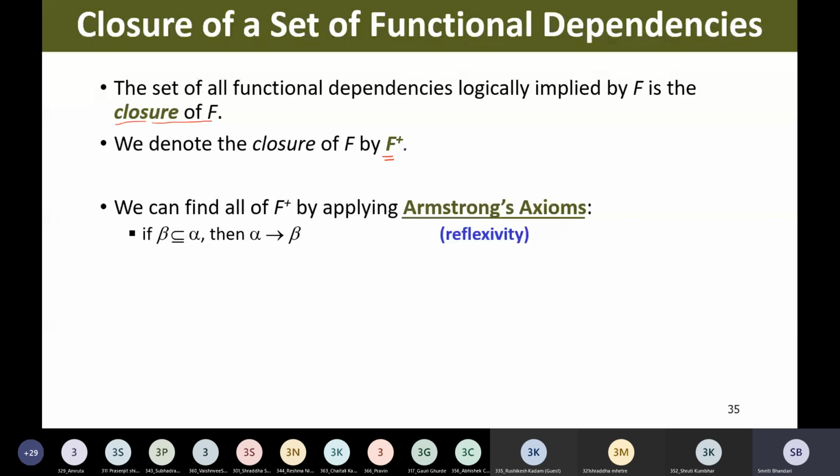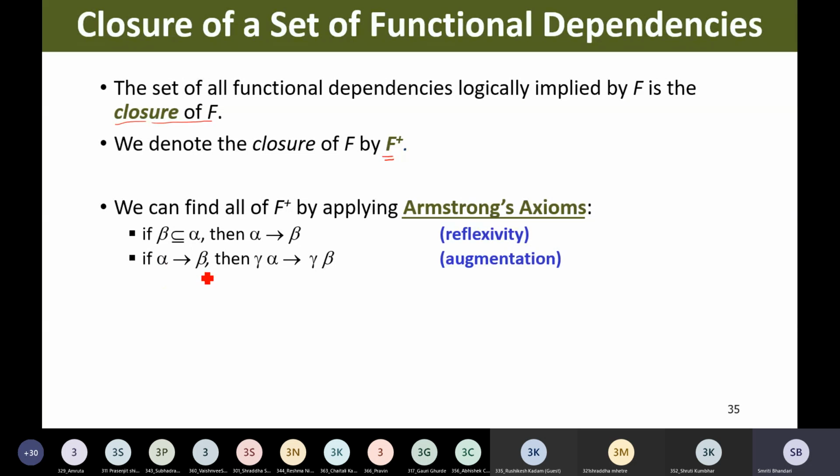The first rule is reflexivity. So if beta is a subset of alpha, then alpha determining beta is a valid dependency, and this rule is known as reflexivity. Second rule is augmentation.